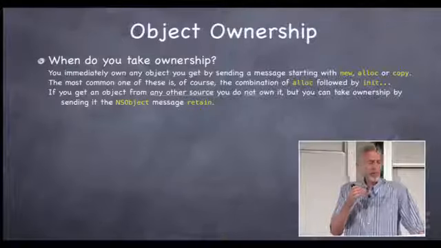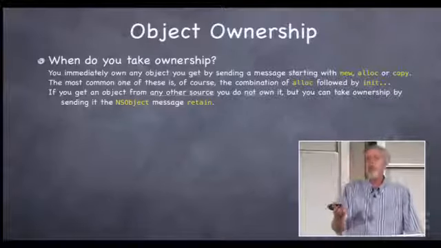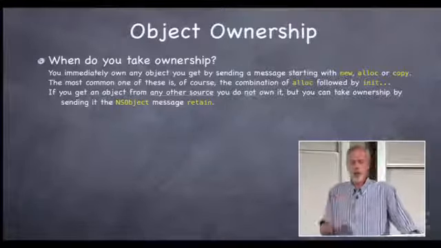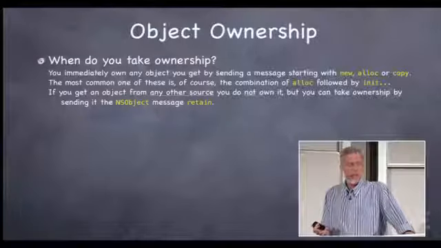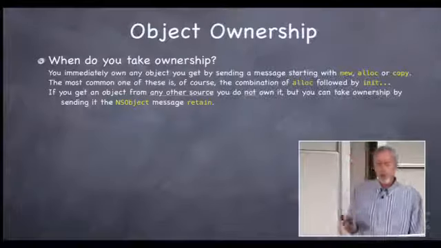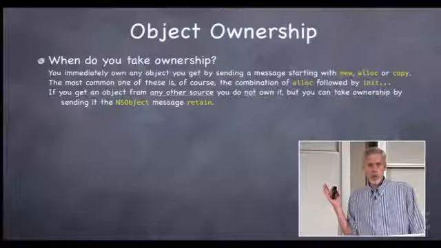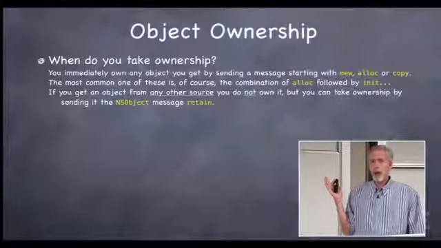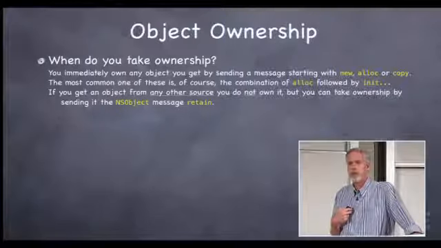When do you get ownership, or what makes it so that you get ownership when you say I want ownership? Probably the most straightforward way is anytime you call a method that starts with the letters NEW, ALLOC, or COPY, the convention is the object you get back, you own. Okay?